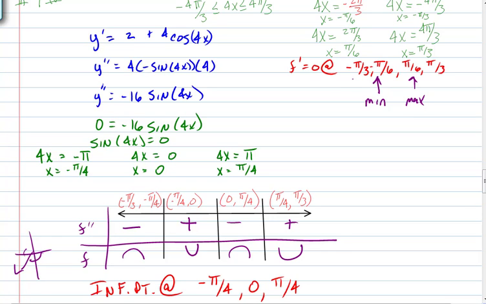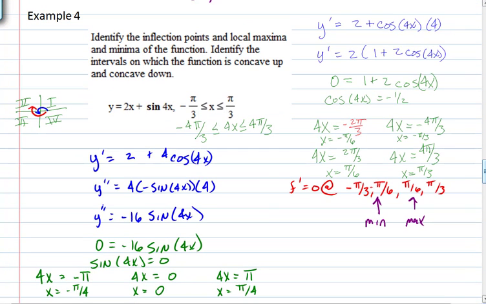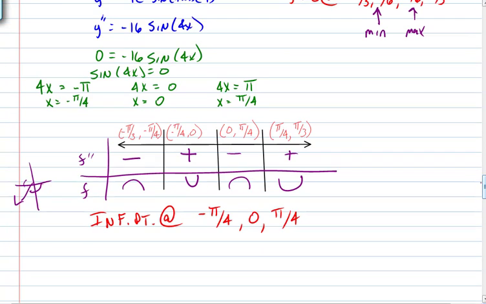And this is the endpoints, so we don't know what that is. Okay? But we have a minimum and a maximum at these critical points. Okay. And the intervals where this is concave up, you can see them right above here on the chart. Concave down, concave up. And that's it for today.